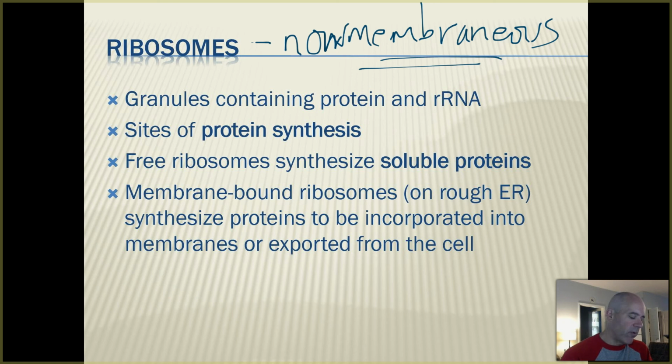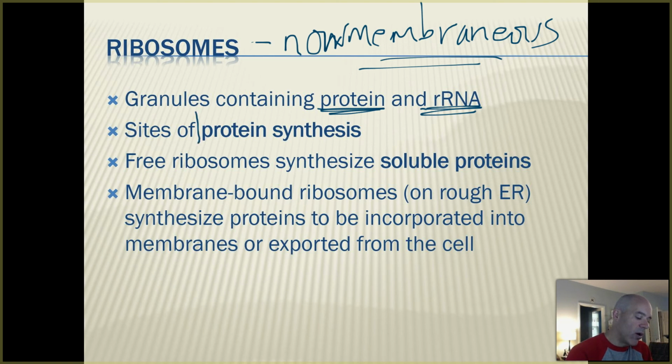They're scattered all throughout the inside of the cell, and they themselves are built from proteins and RNA molecules. The little lowercase r there means ribosomal RNA. So in this, the proteins and the ribosomal RNAs get together and form these little granules. So they're actually the building blocks of the ribosomes themselves.